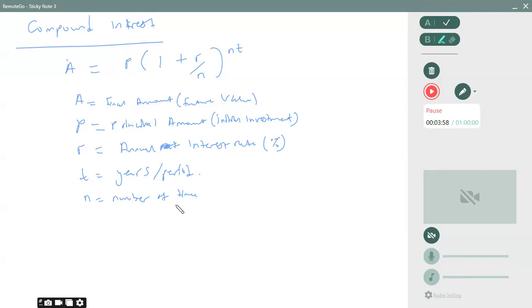They'll tell you compounded semi-annually, compounded quarterly, compounded annually: annually is 1, semi-annually is 2, quarterly is 4.